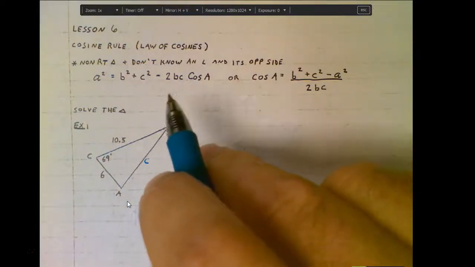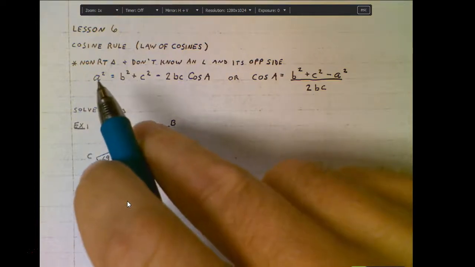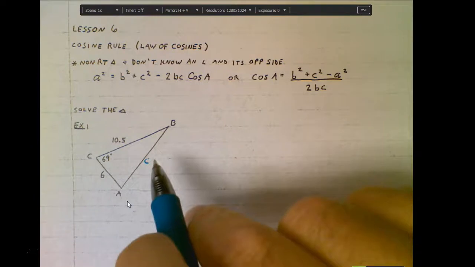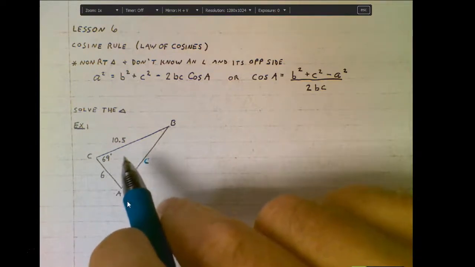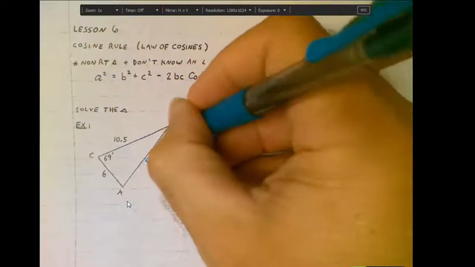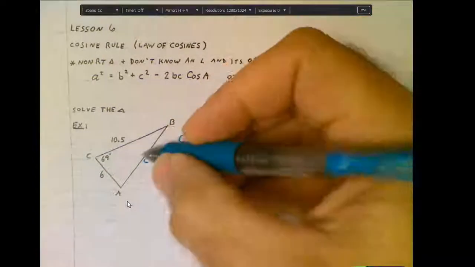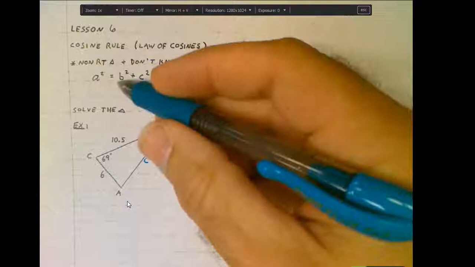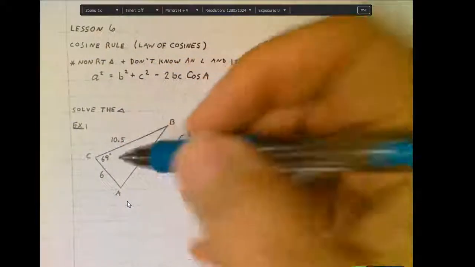Do keep in mind that this side is across from this angle. So if I'm finding side C, then this is the angle that's going to go right here within my setup. So I'm going to say for this one, C squared. If that's the side I'm working with, then these are the other two sides.